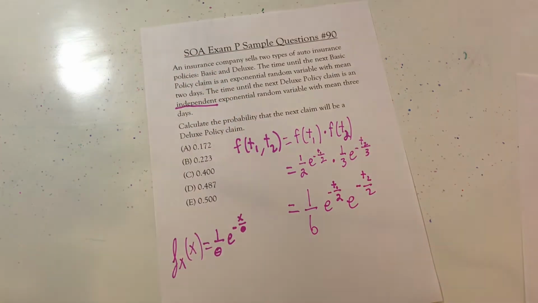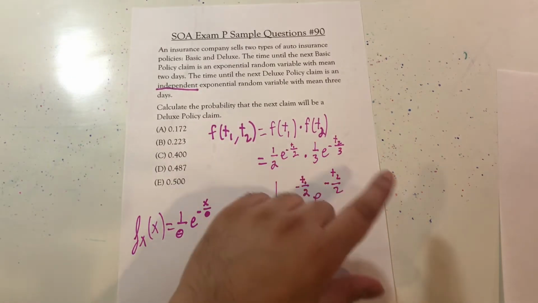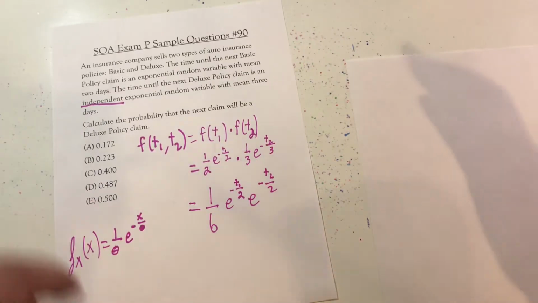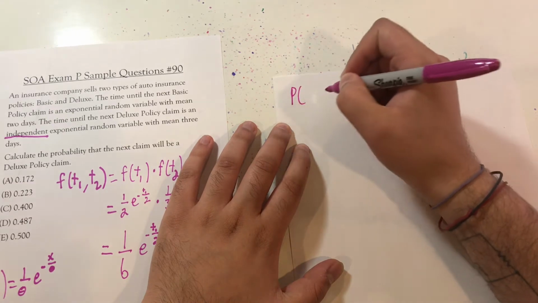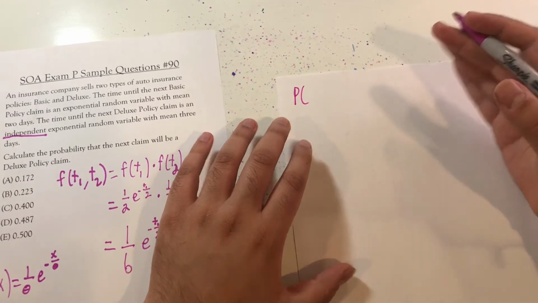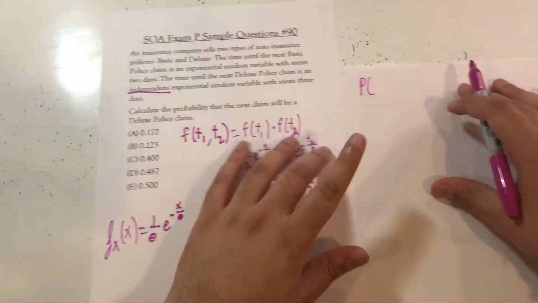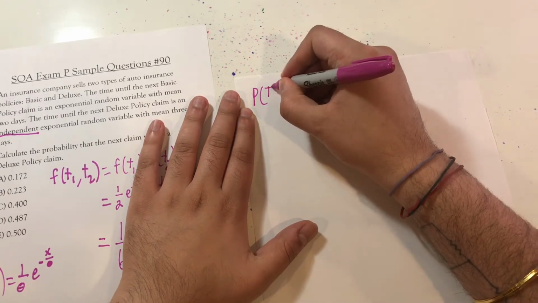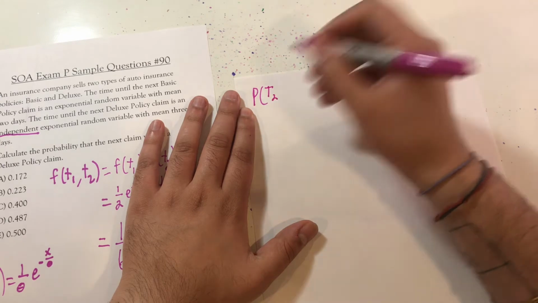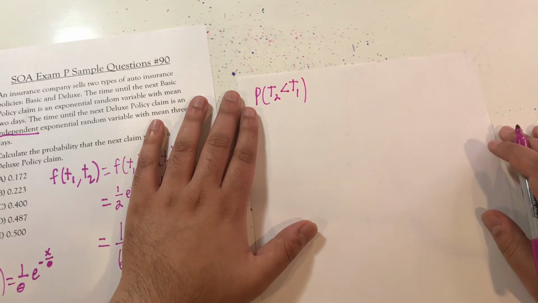All right, now that I found my joint density, the way I figure out the actual probability of the next claim being a deluxe policy is by integrating, right? So what am I integrating? What am I actually looking for? The probability that the next claim is deluxe. Another way of saying that, using the random variables we have, T1 and T2, is like saying, what is the probability that the time until the next deluxe policy is less than the time until the next basic policy, right?